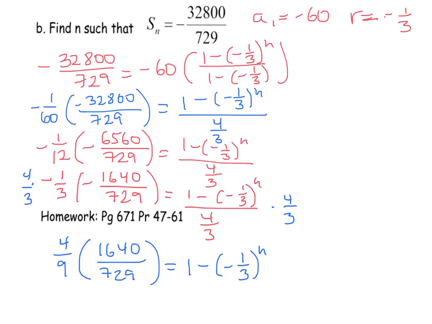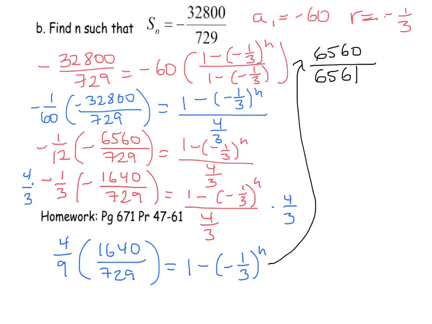Now if I multiply 4 and 1,640, I end up having 6,560 divided by 9 times 729, which is 6,561, and that will equal 1 minus negative 1/3 to the n.